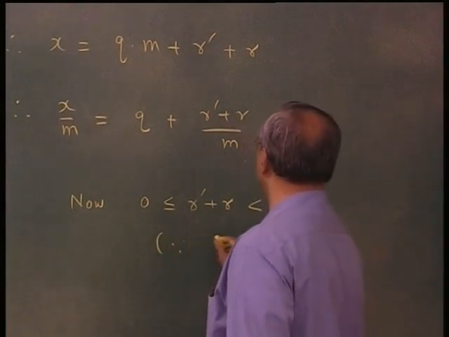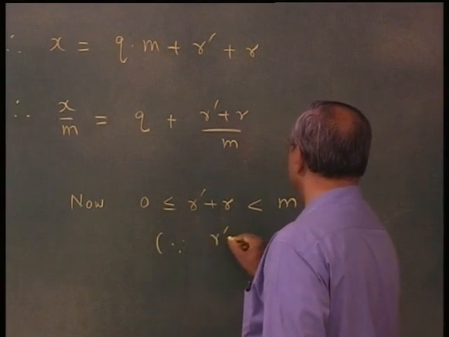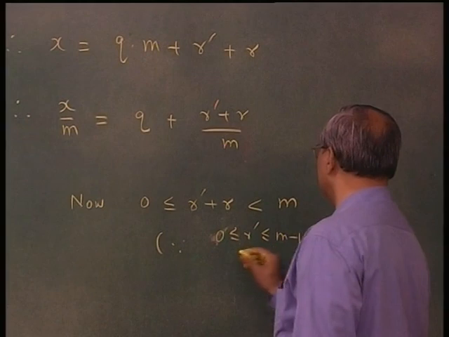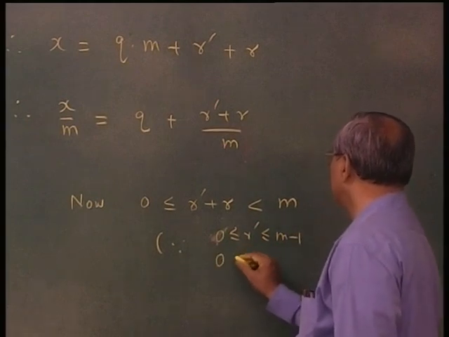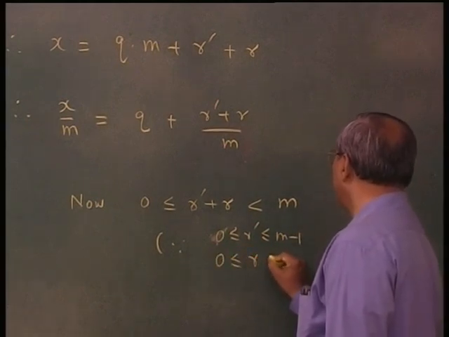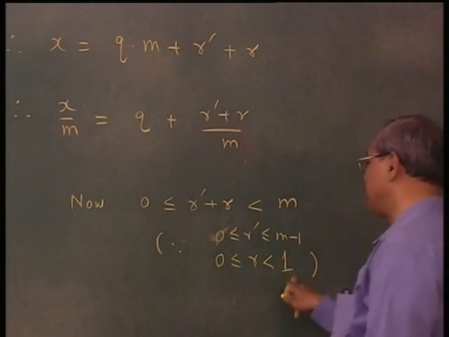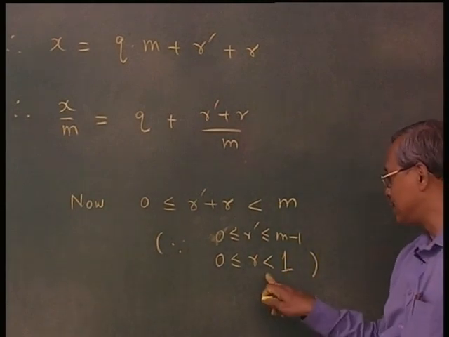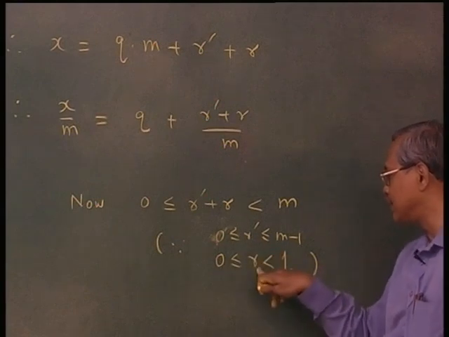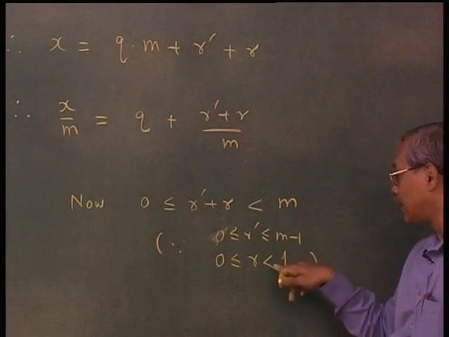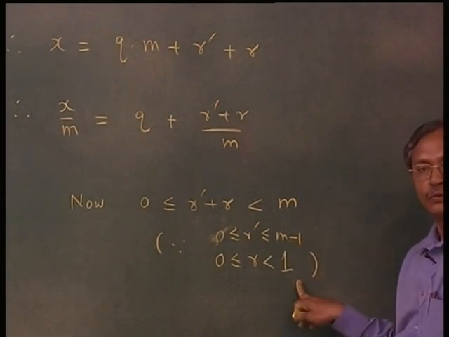Since 0 less than or equal to r dash less than or equal to m minus 1, and 0 less than or equal to r less than 1, if you add these things, r dash plus r is strictly less than the sum of these two.